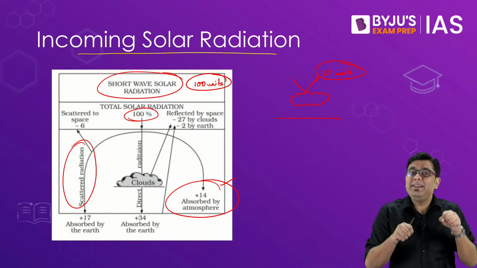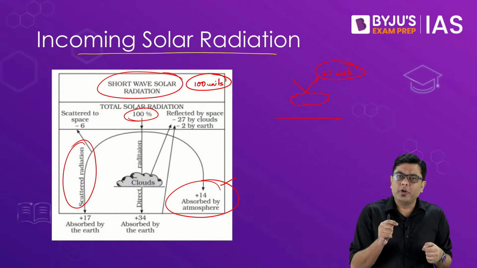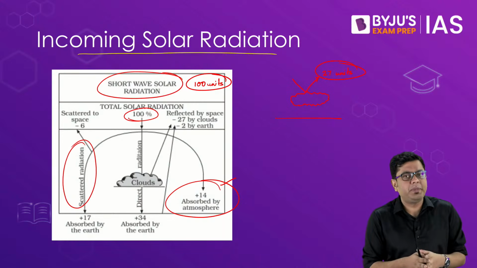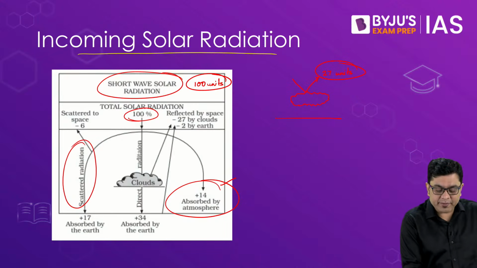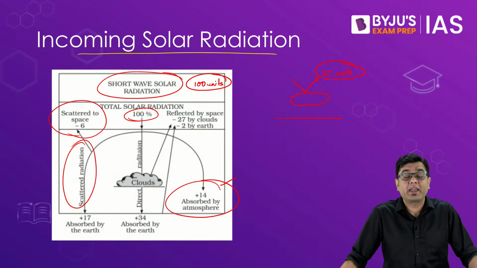But even while that solar insolation is being scattered, some amount of it is re-radiated back into the space from the atmosphere itself. So you will observe around 6 units are re-radiated back into the space.